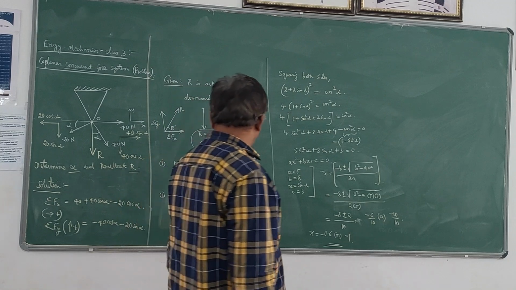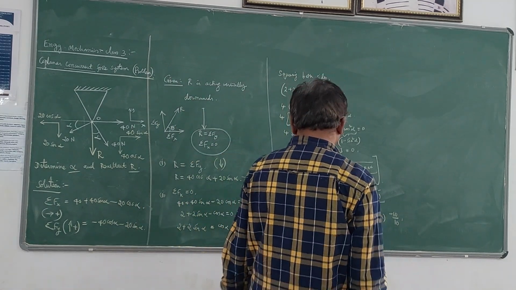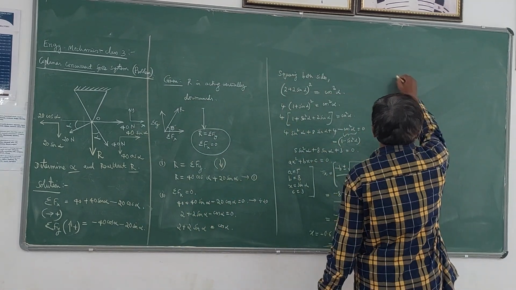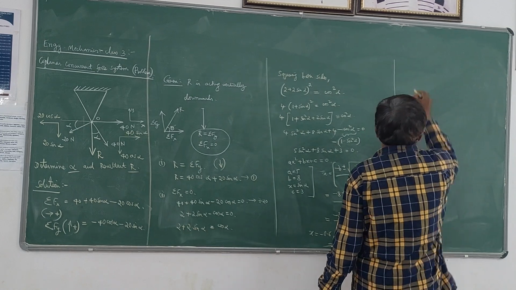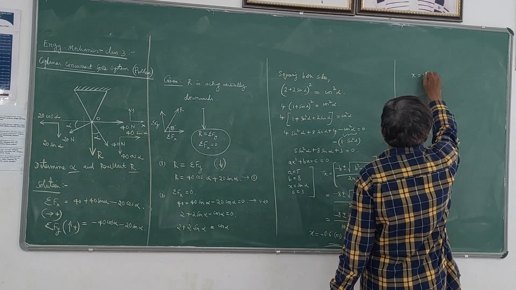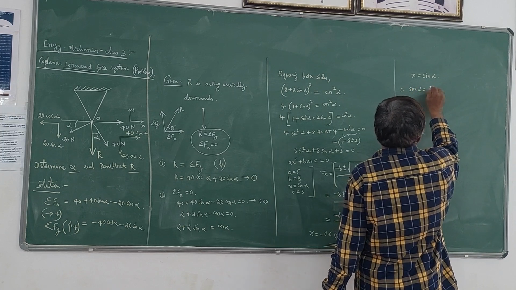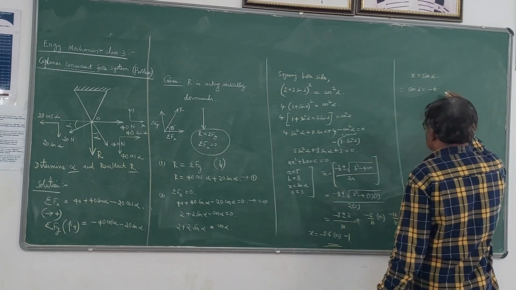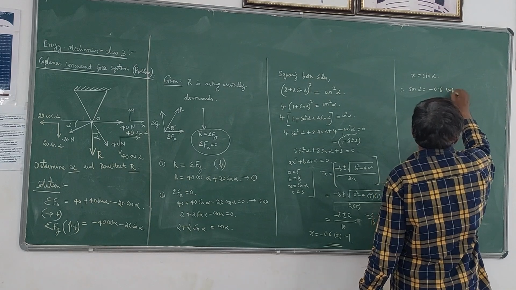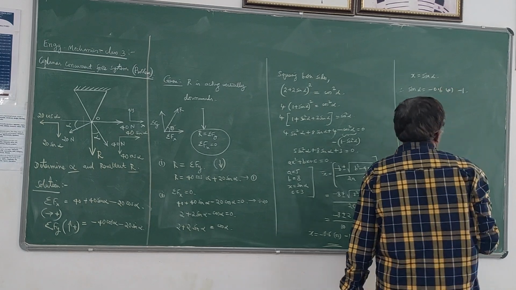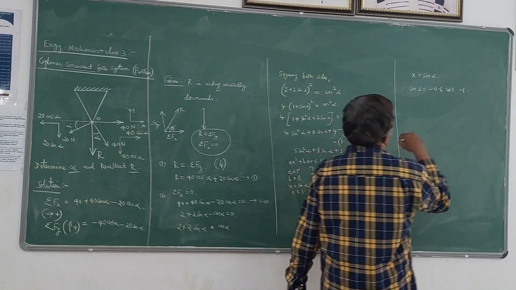Now we know that x is equal to sin alpha. Therefore sin alpha is equal to minus 0.6 or minus 1. So you will have two values of alpha here.